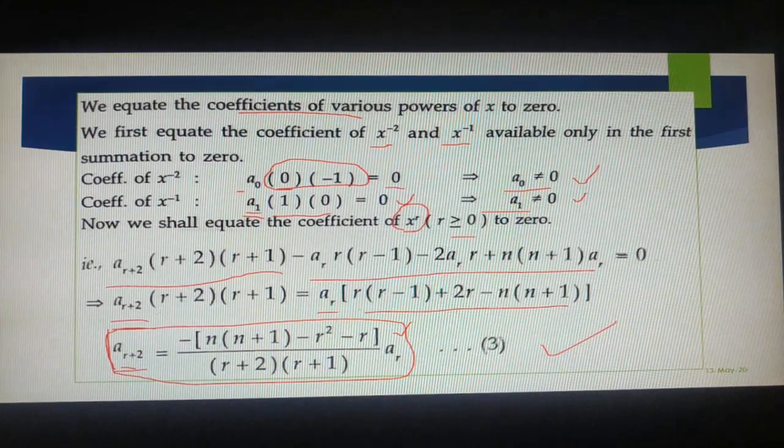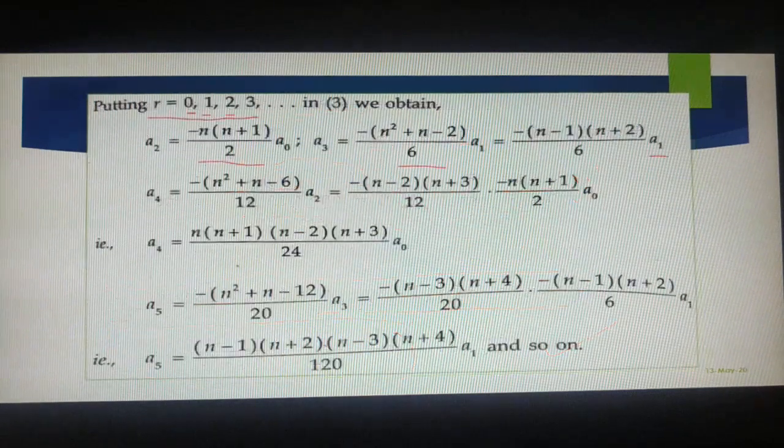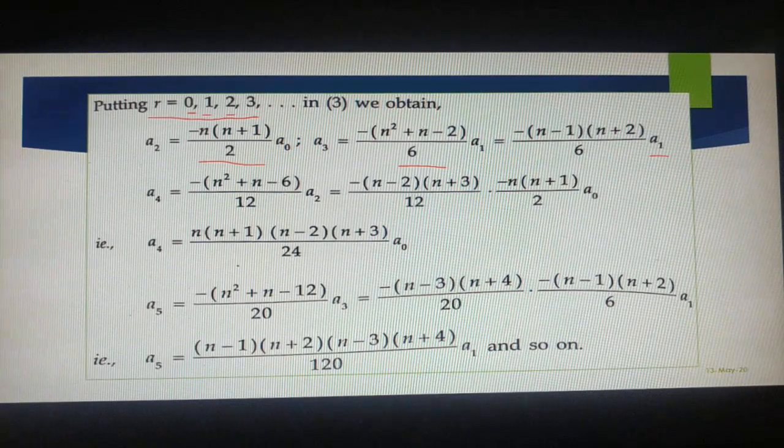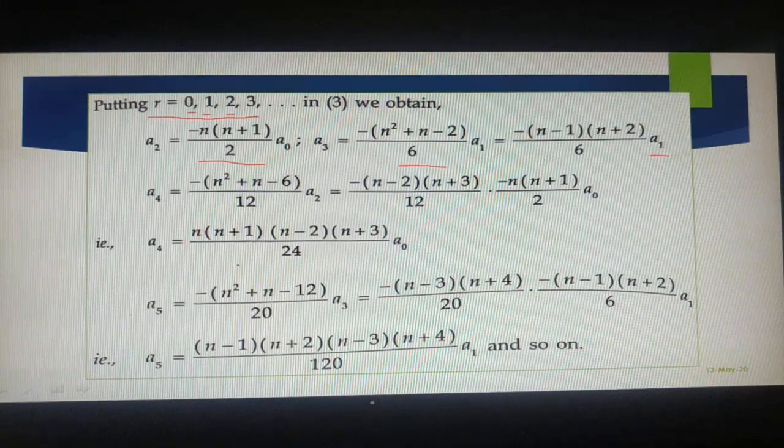So here minus of n into n plus 1 minus, what we took here, r is equal to 2, so 4 minus 2, that will be minus 6. So minus of n square plus n minus 6 by 12 into a2, because we took r is equal to 2. Again, minus of n square plus n minus 6, I can write into factors, minus of n minus 2 into n plus 3 by 12.